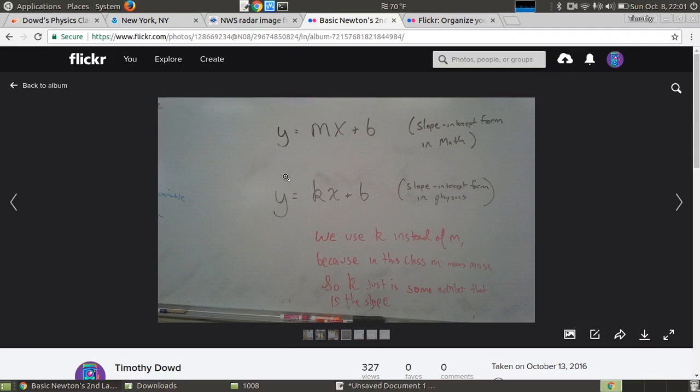So I want to walk you through it for this particular lab, and we will hit it again and again as we go forward. Just one thing to understand, y equals mx plus b, our slope-intercept form for a line. From here on out, I'm going to write it y equals kx plus b, k for constant. It's just that we're using m for mass. So this doesn't look as familiar, but I think it'll stop us from being confused.